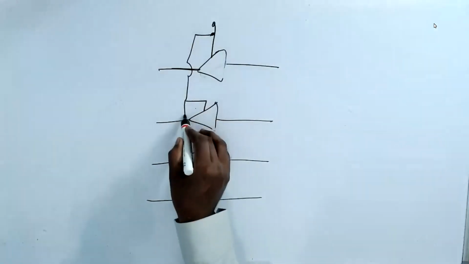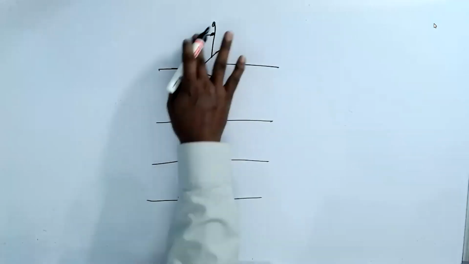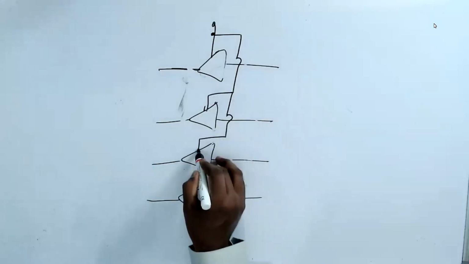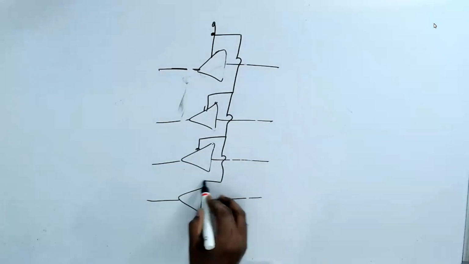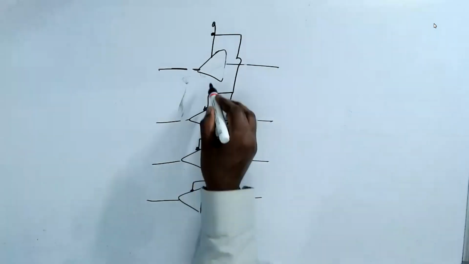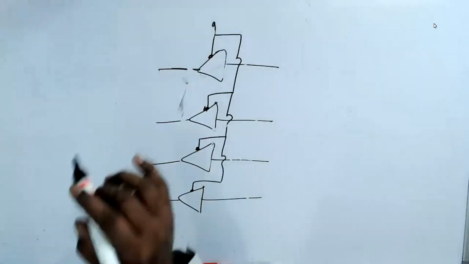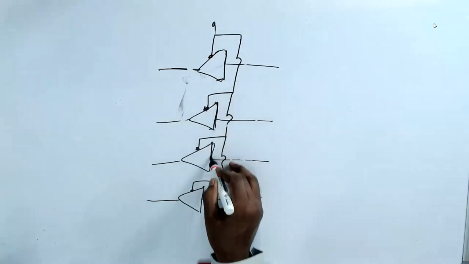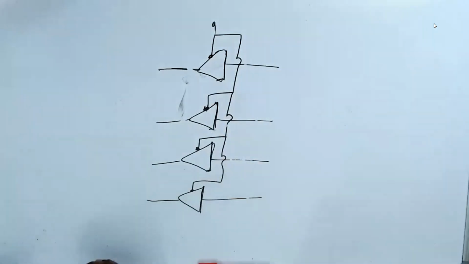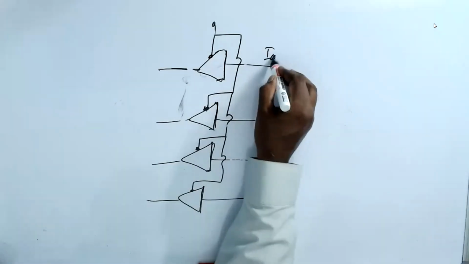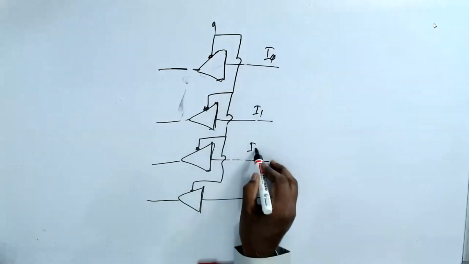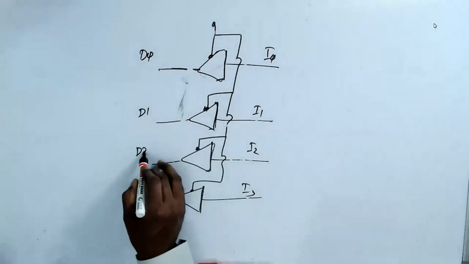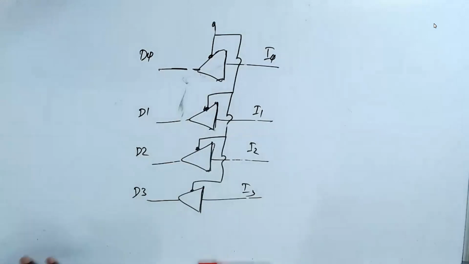All the enables are connected. This you call in 0, in 1, in 2, in 3. This you call D0, D1, D2, D3, assuming that.